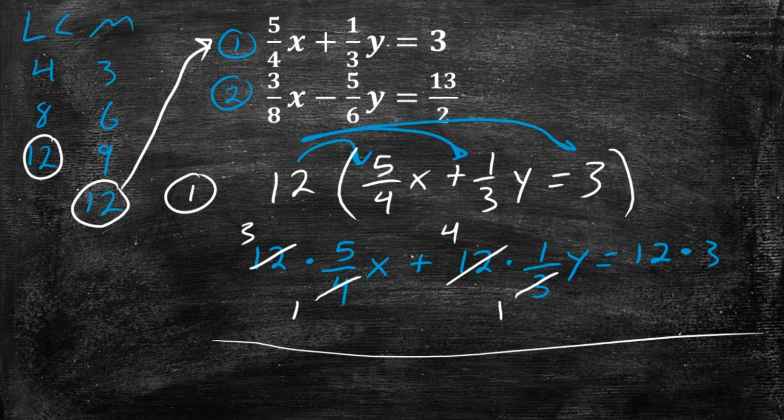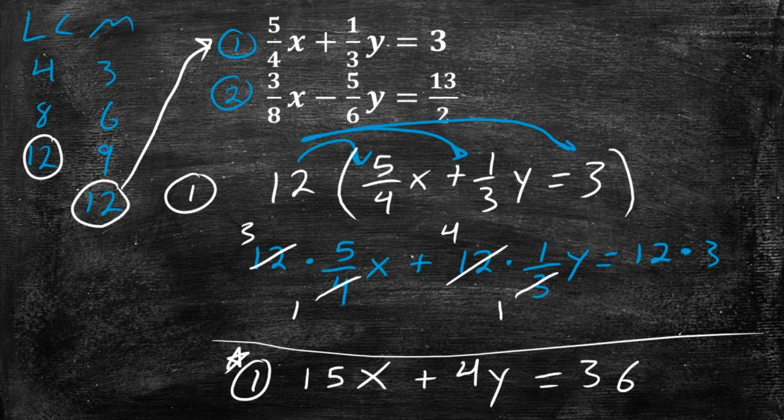We get 3 times 5 is 15x plus 4 times y is 4y, and then 12 times 3 is 36. So this is going to be our new equation number 1. And then let's go ahead and do equation number 2 on the next slide.